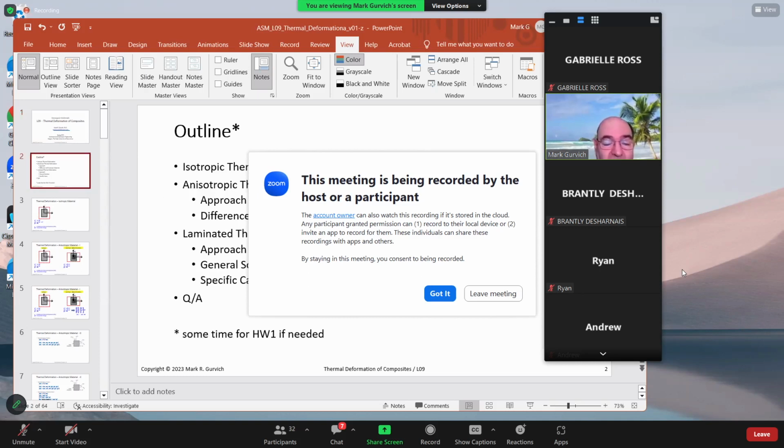So the outline for today's lecture is the following. We will start, as typically, with basics, and the basic is isotropic thermal deformation. In other words, we will refresh our memory on thermal expansion for traditional homogeneous isotropic materials. And again, isotropic materials are materials which have properties exactly the same in different orientations, or at least partially, yes?